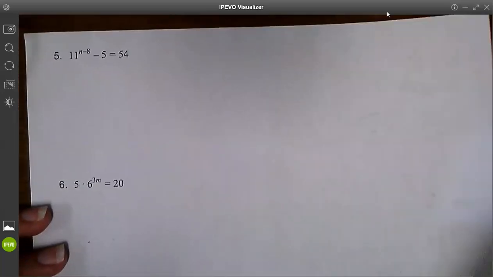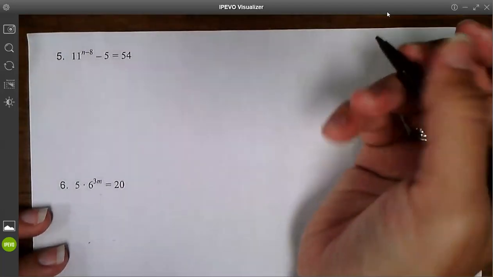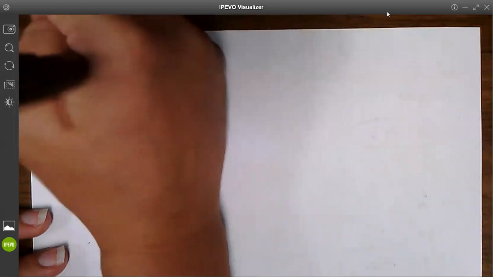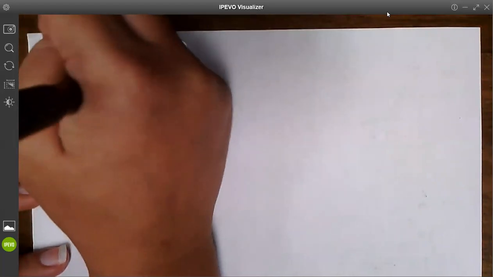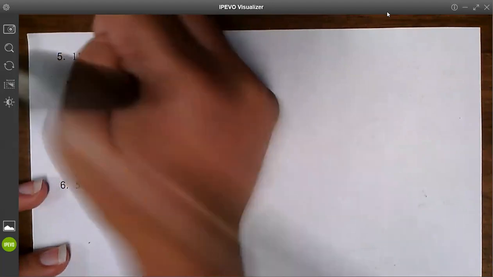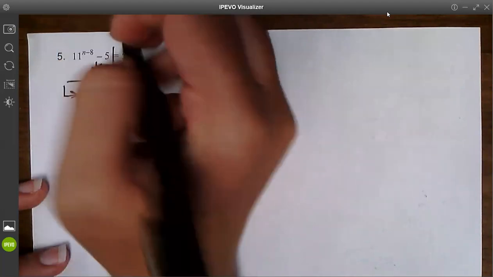Just a couple more. Solving some more. 11 to the n minus 8, minus 5 equals 54. So I'm going to add 5 to both sides. 11 to the n minus 8 equals 59. Convert to logarithmic form.